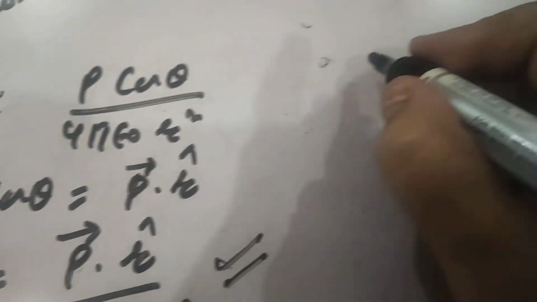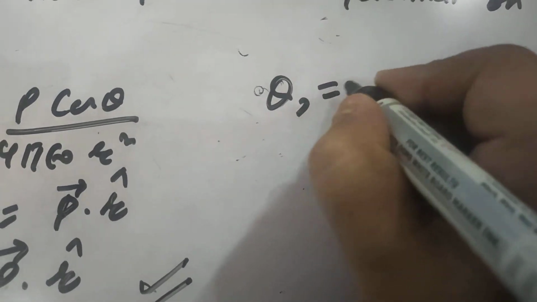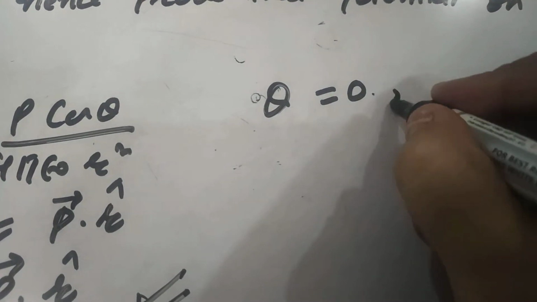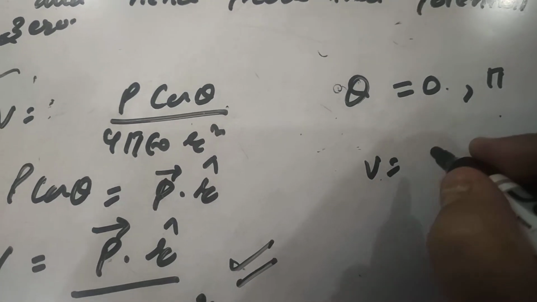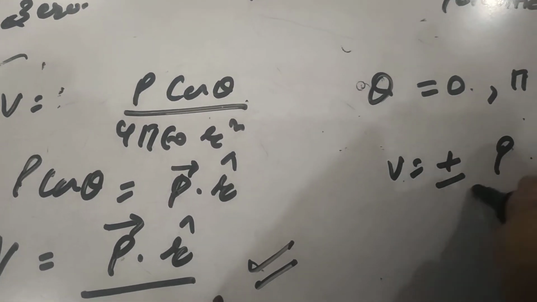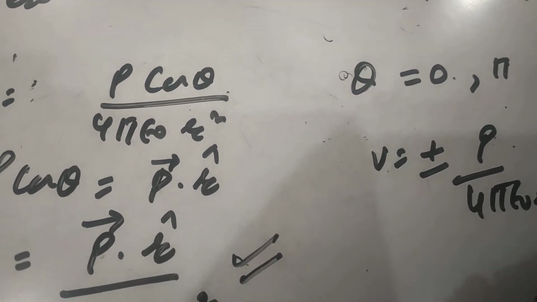Now on the axial line of the dipole, theta becomes either 0 or pi. When theta is 0 or pi, v has the value plus minus p upon 4 pi epsilon naught r square, right?